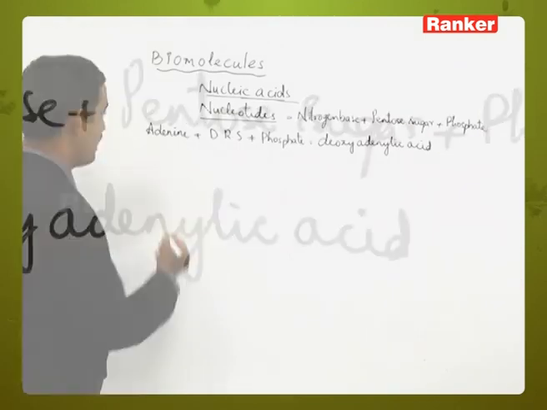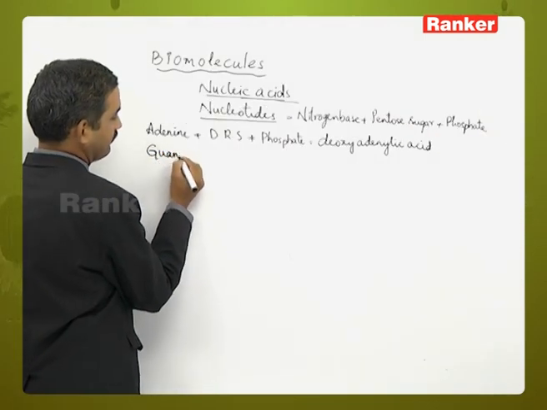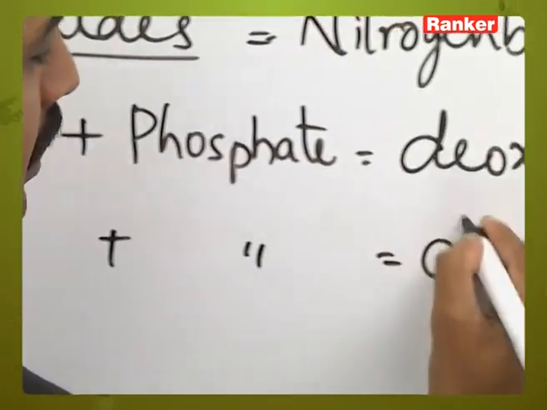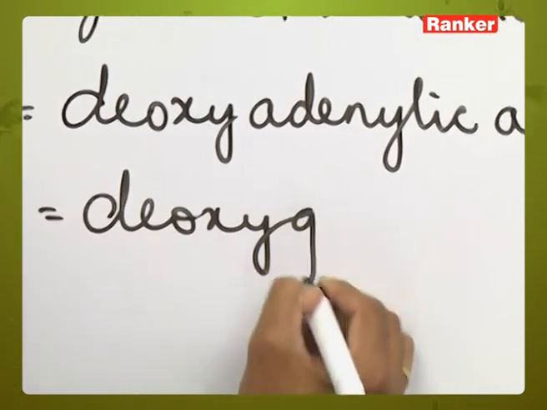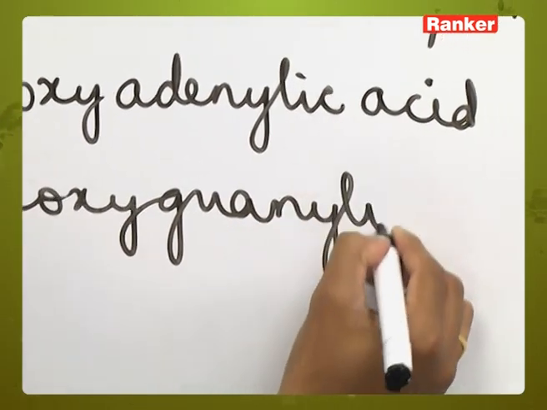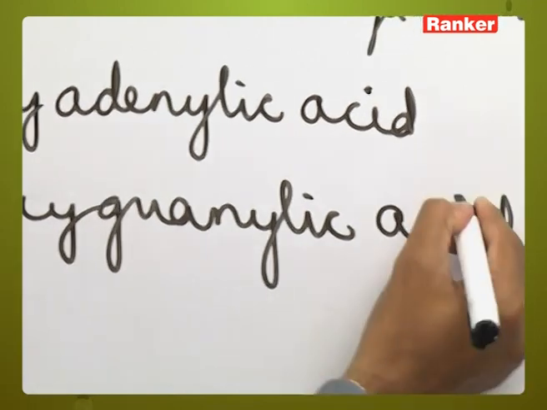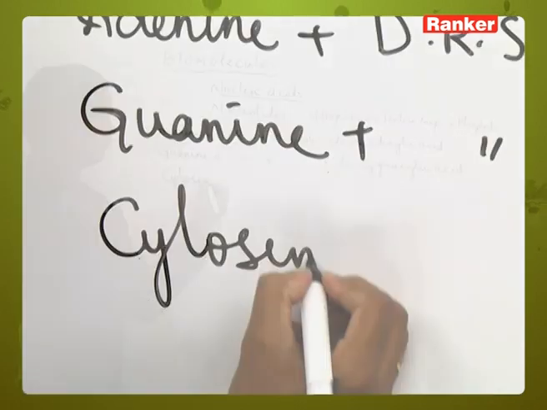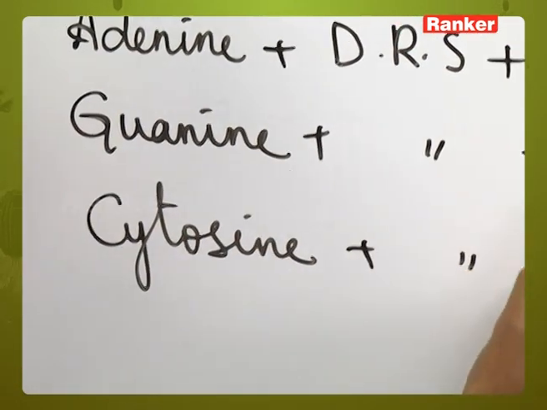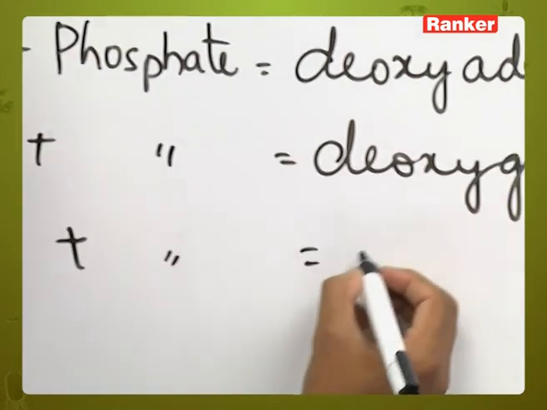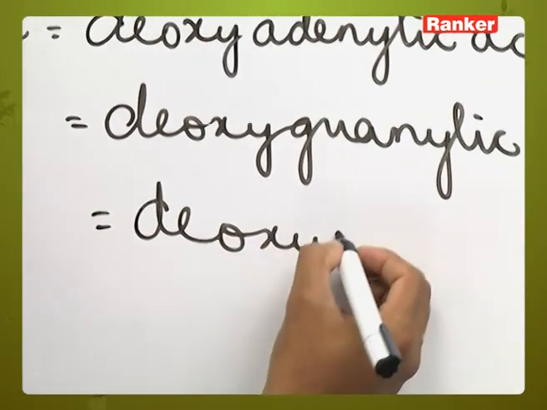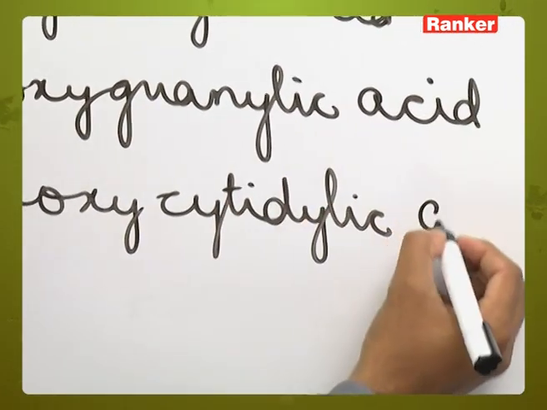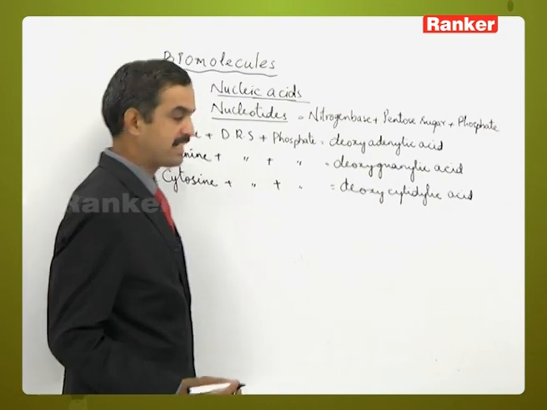Deoxyadenylic acid. Then guanine plus deoxyribose sugar plus phosphate, deoxyguanylic acid. Then cytosine plus deoxyribose sugar plus phosphate, deoxycytidylic acid.